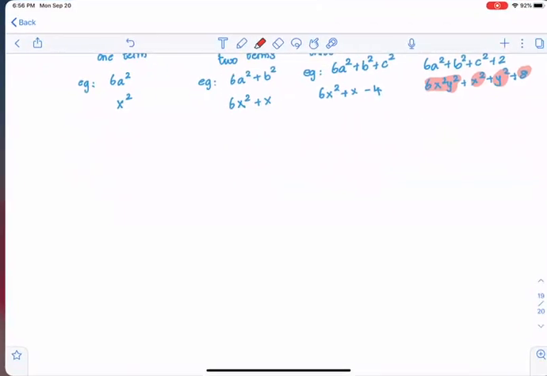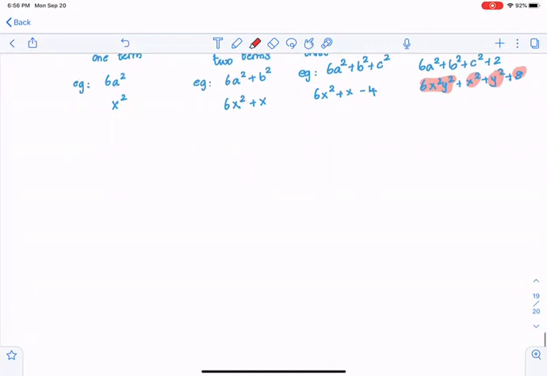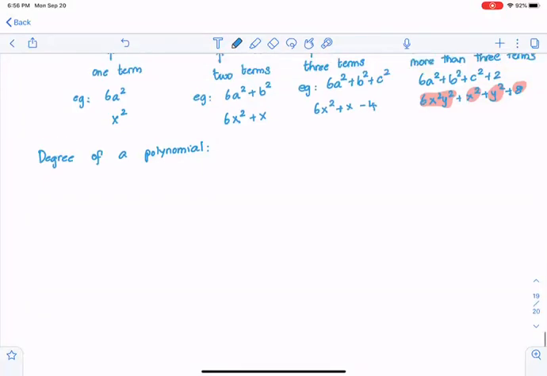So the degree of a polynomial is simply the highest power.